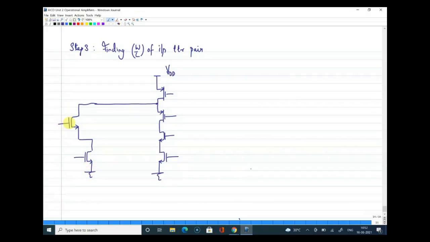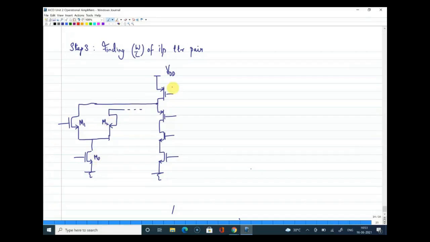Similarly, the other side will go to the other side of the cascode. I'm not drawing that right now. Let me number this as M1, M2, and this as M0.